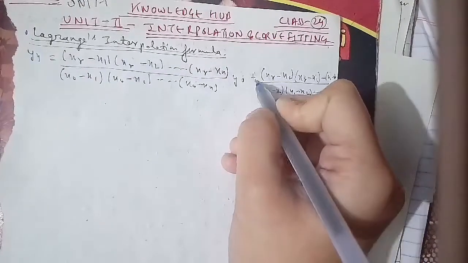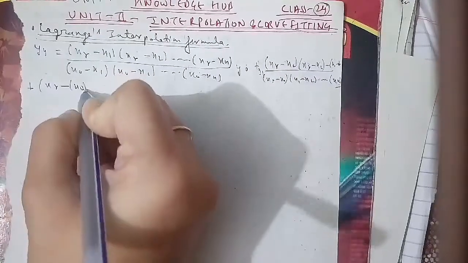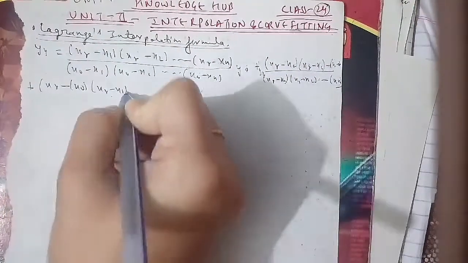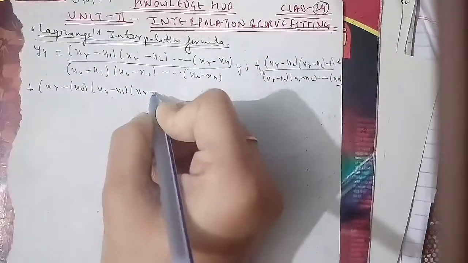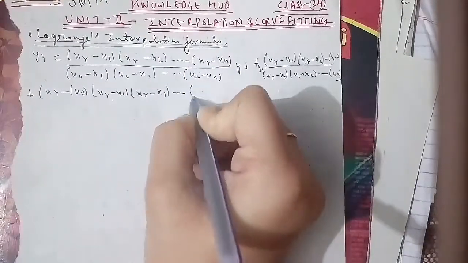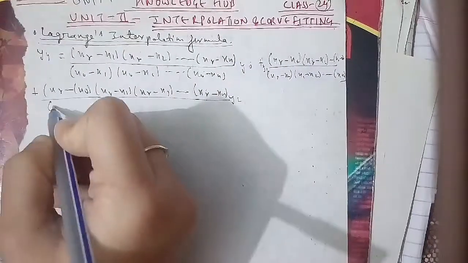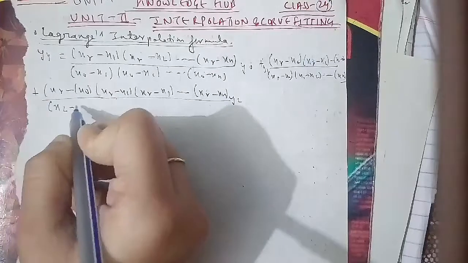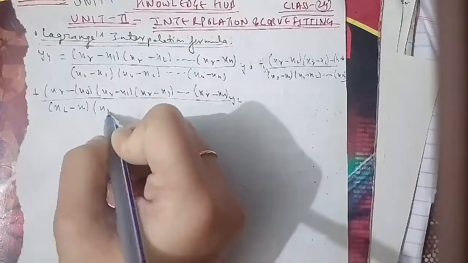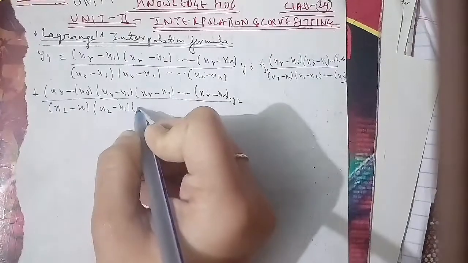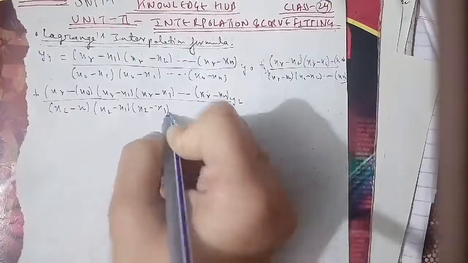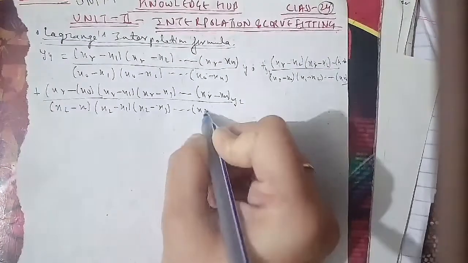This is for y1, which will be multiplied. Plus (xr minus x0)(xr minus x1)(xr minus x3) till (xr minus xn) multiplied by y2 whole upon (x2 minus x0)(x2 minus x1)(x2 minus x3) till (x2 minus xn).